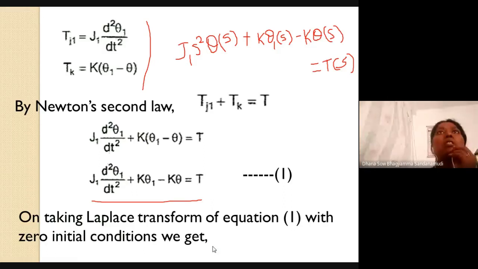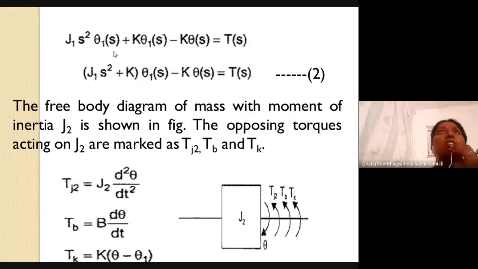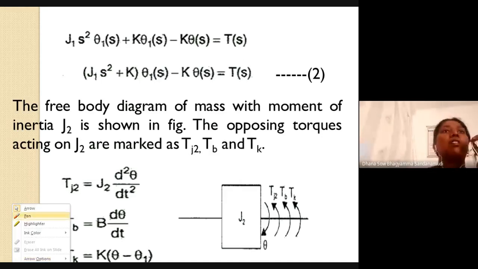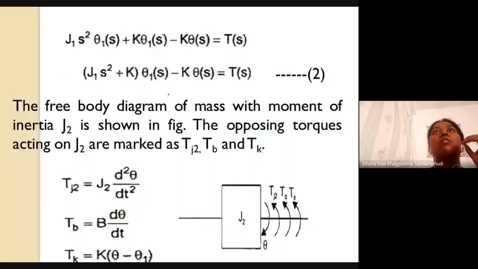So that is it. J1 into s square theta 1 of s plus k into theta 1 of s minus k into theta of s equal to T of s. Okay, just to simplify this, take theta 1 of s common and theta of s common. You will get this equation number 2.